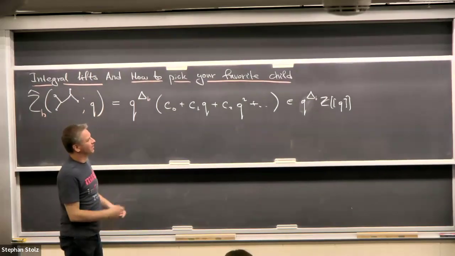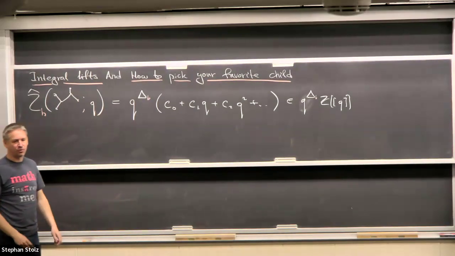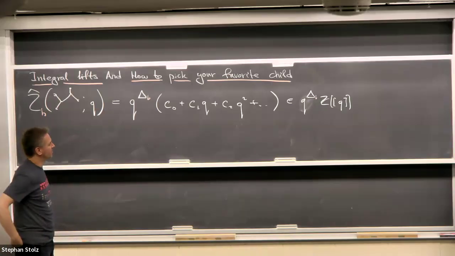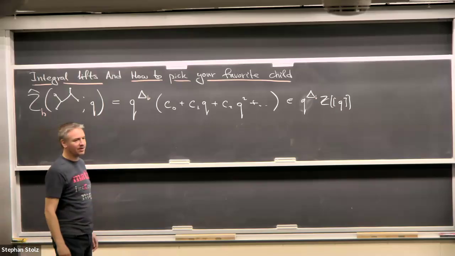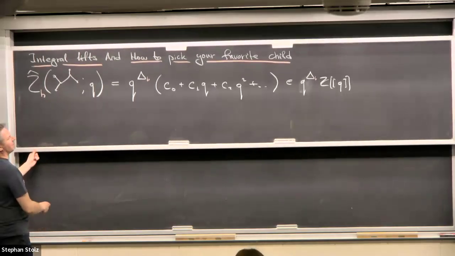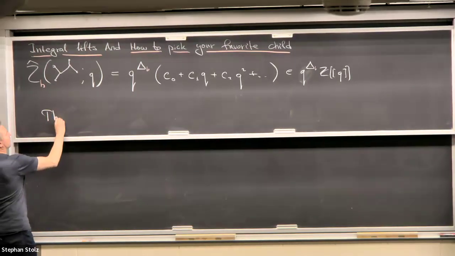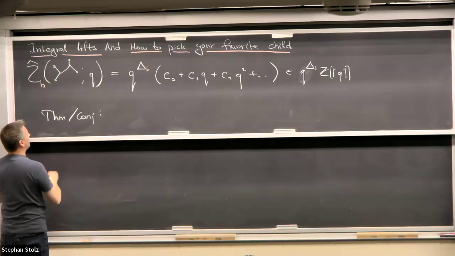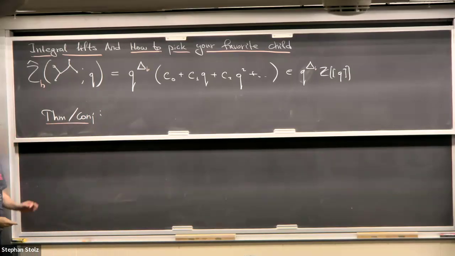is something that those of you who have experience with CFT or vertex algebra can anticipate that it looks like a character, and that was indeed a theorem slash conjecture. In general, that's a horrible thing to say, but hopefully you know what I mean.